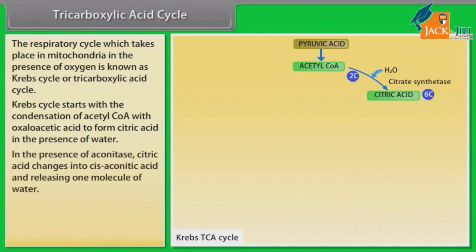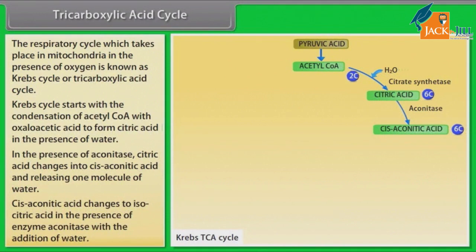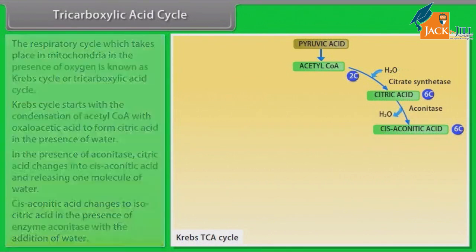In the presence of aconitase, citric acid changes into cis-aconitic acid and releases one molecule of water. Cis-aconitic acid changes to isocitric acid in the presence of enzyme aconitase with the addition of water.